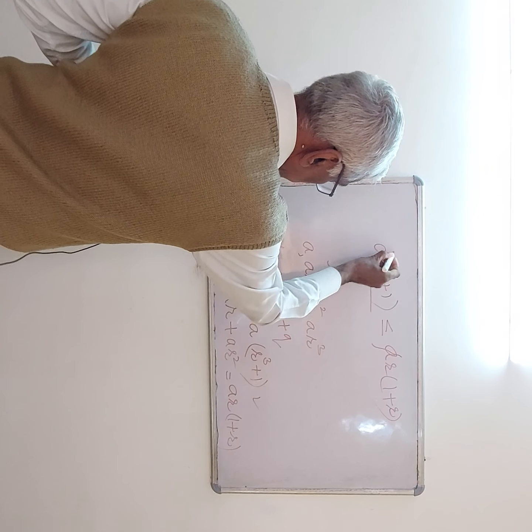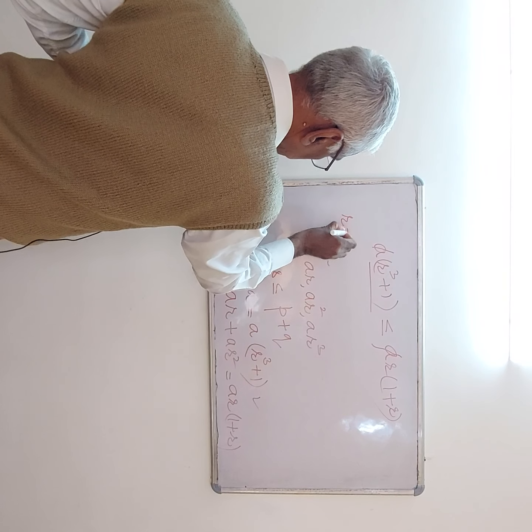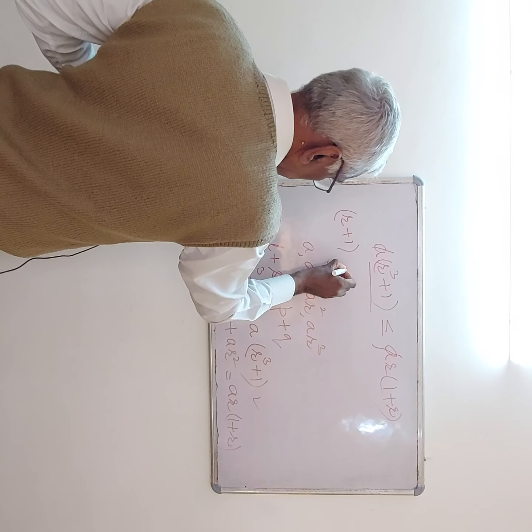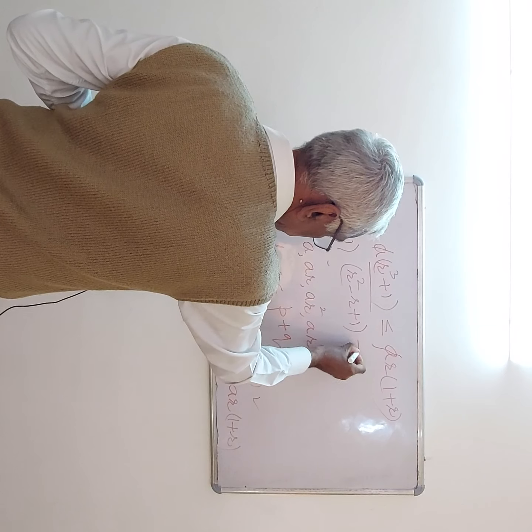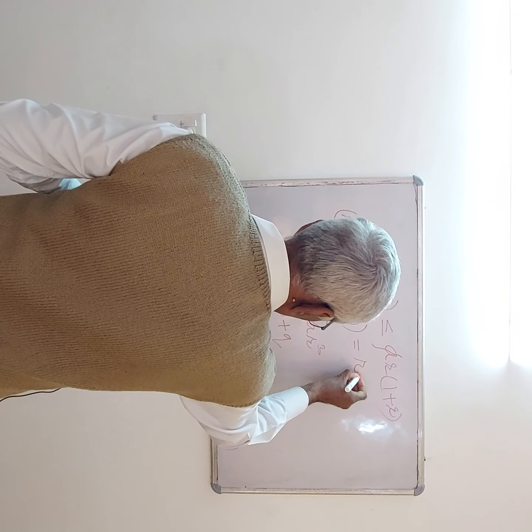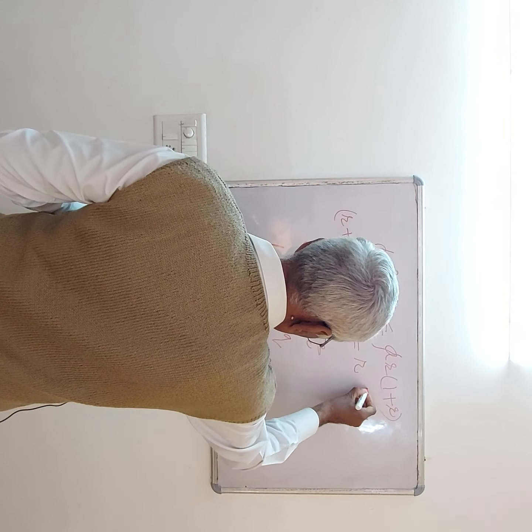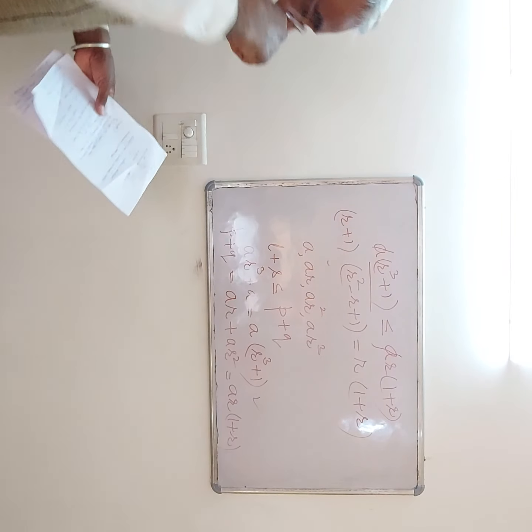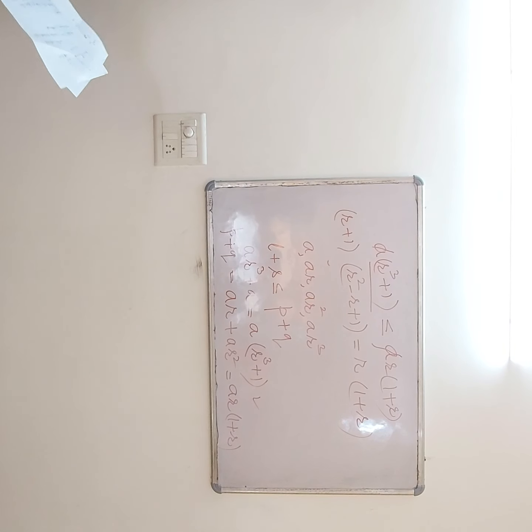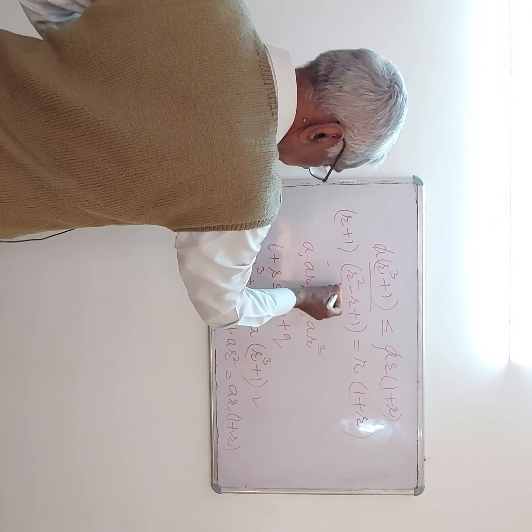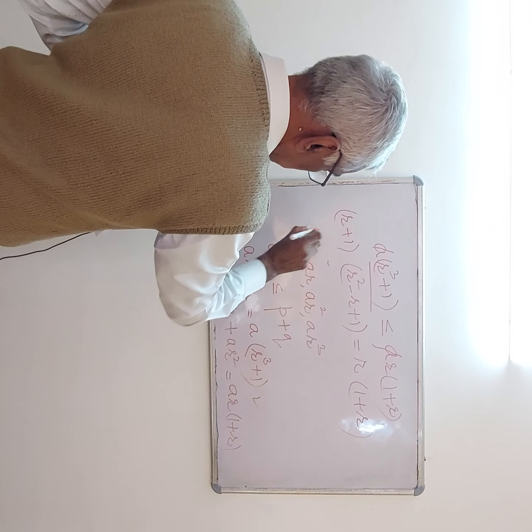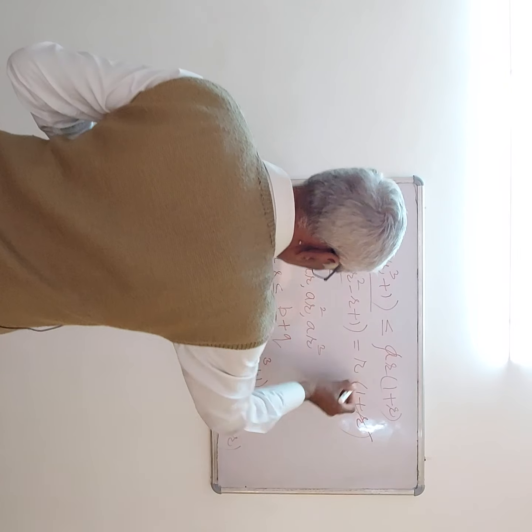A will be cancelled, and R cube plus 1 factorizes as (R plus 1)(R square minus R plus 1), which is less than or equal to R(1 plus R). The (1 plus R) will be cancelled.